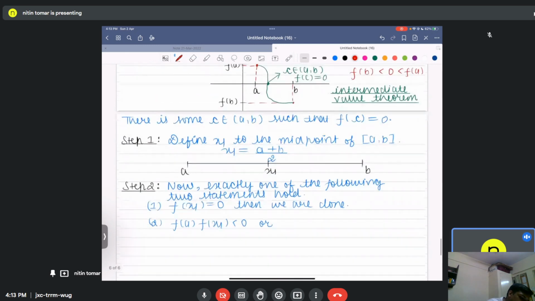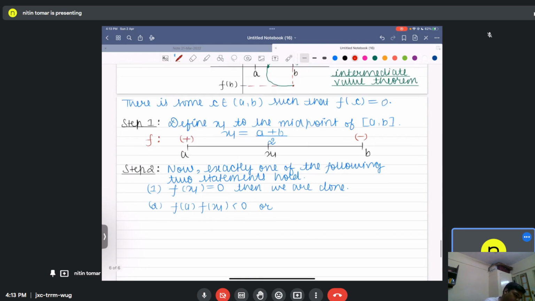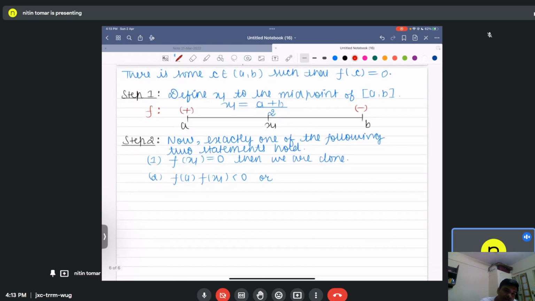At a, let's say f of a was positive, and f of b was negative. So if f of x1 is non-zero, then either f has a positive value at x1, in which case the root will lie in this interval. If negative, then the root will lie in this interval.